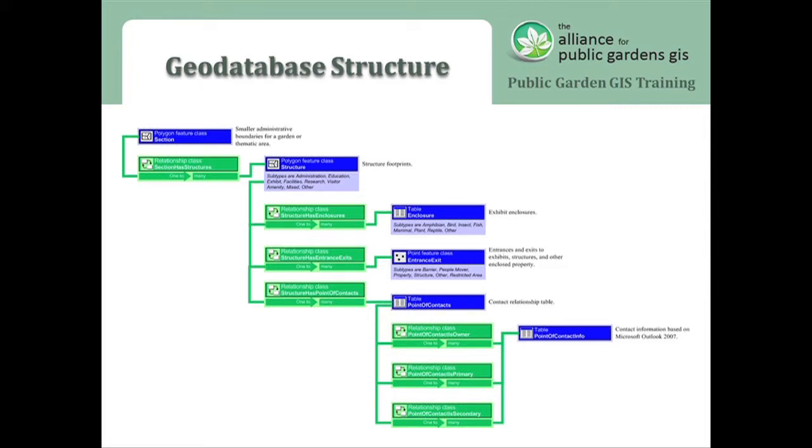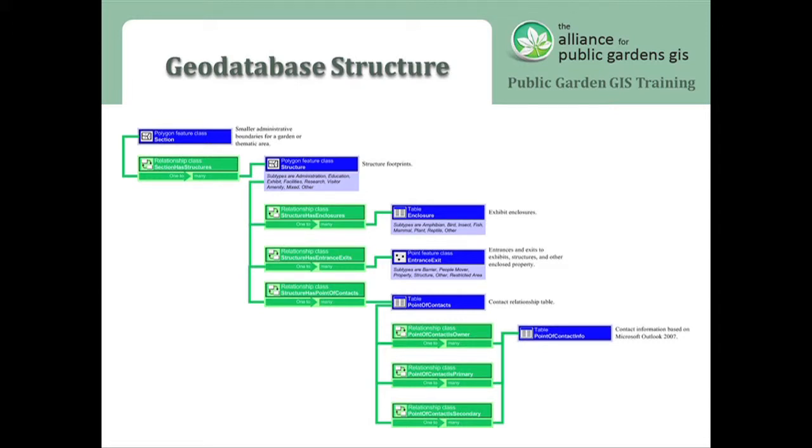The structures feature class, to the right of the relationship in blue, is used to store the footprints of buildings or structures. And it has subtypes. As I mentioned earlier, you can have an administrative building, an education focused building, an exhibit, facilities building, research, visitor amenities, mixed use, or other types of structures.